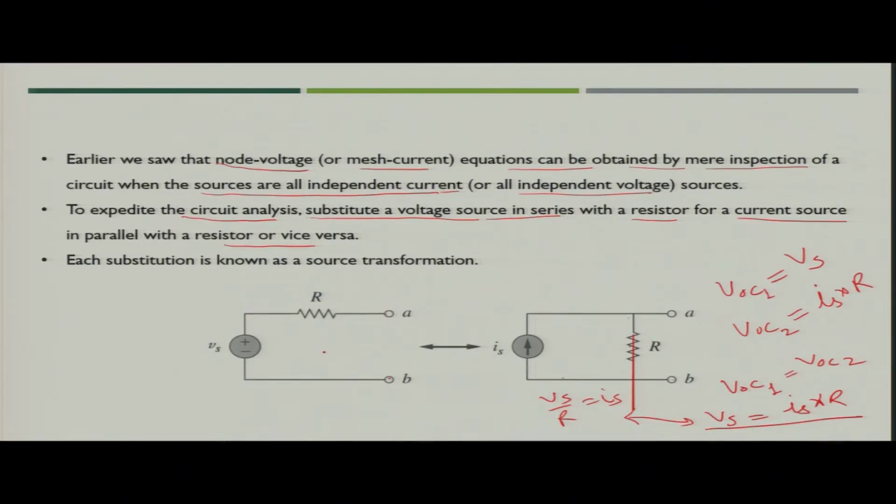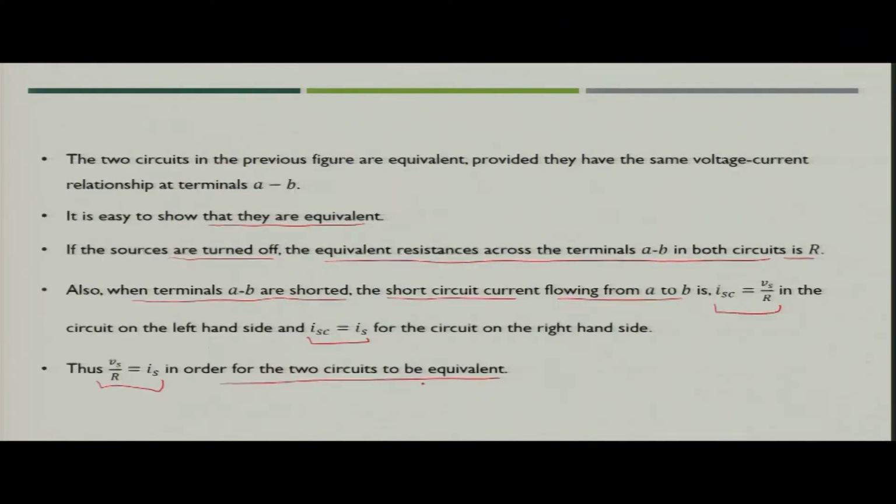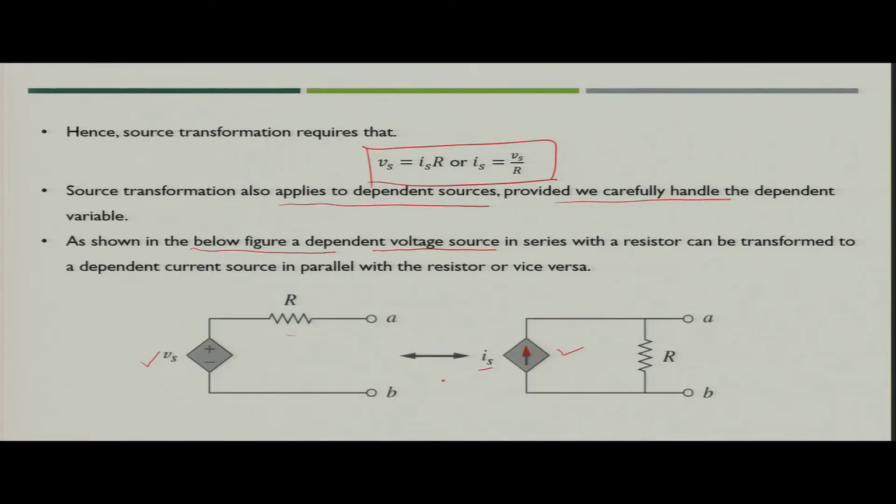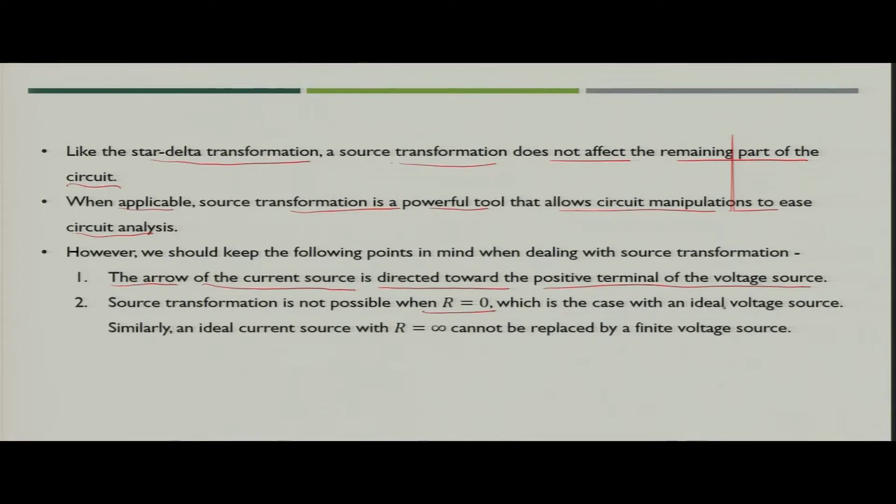So, ideal voltage source and ideal current source cannot be transformed from voltage to current or current to voltage. This also we have to keep in mind when we are doing the voltage or current source transformation. Why? Because when you have an ideal current source, you cannot replace it with any finite voltage source, right. So, that is why it is not applicable when the voltage and current sources are ideal.